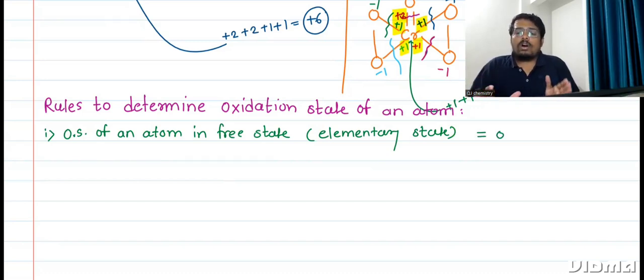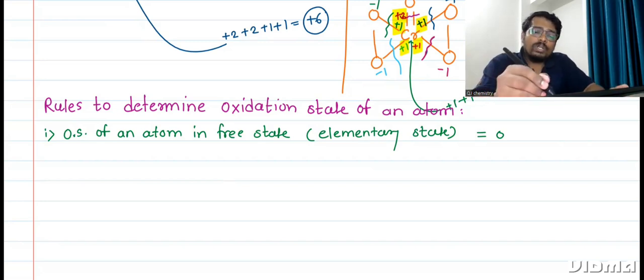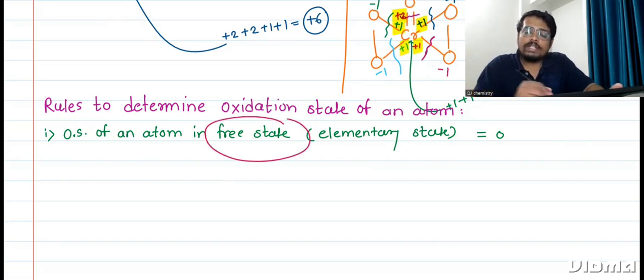Free state means what? Uncombined state. Free state is nothing but the uncombined state, and the uncombined state is taken as zero.